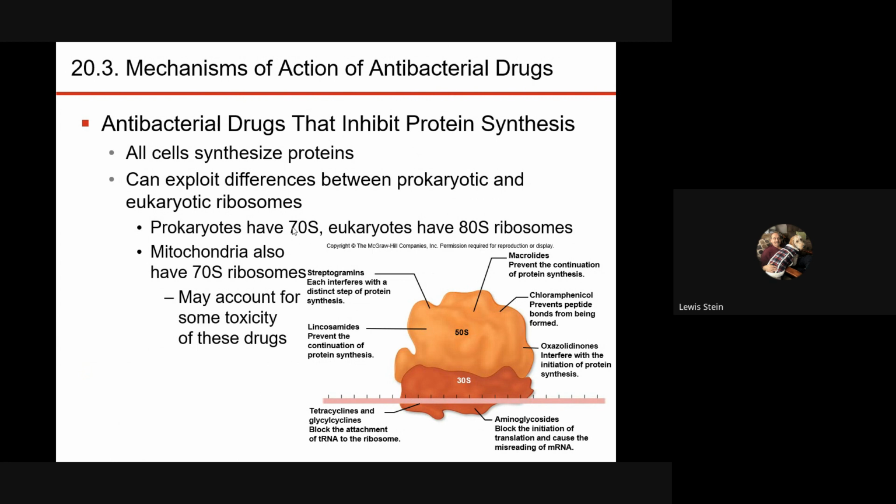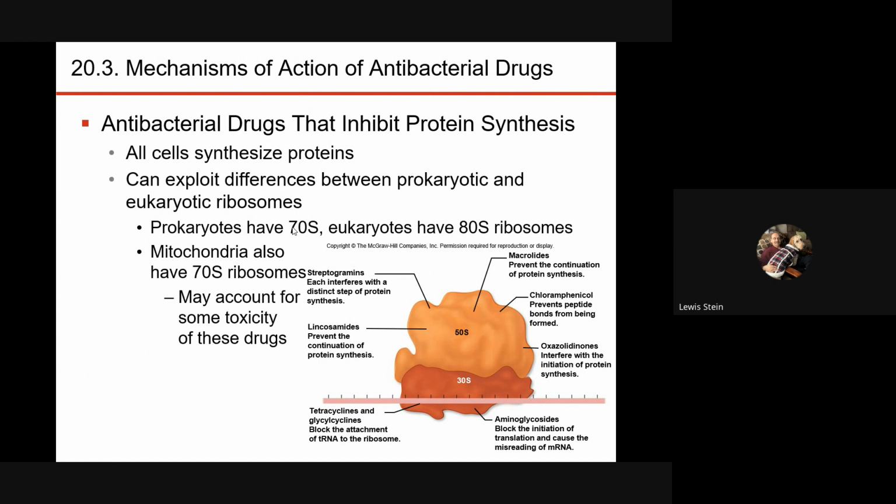When you looked at the parts of the cell, the first quarter of A&P 1, you talked about mitochondria. Mitochondria, remember, have their own DNA, bacterial DNA, a single circle of DNA, and they have their own ribosomes to make more mitochondria. Those are 70S ribosomes.